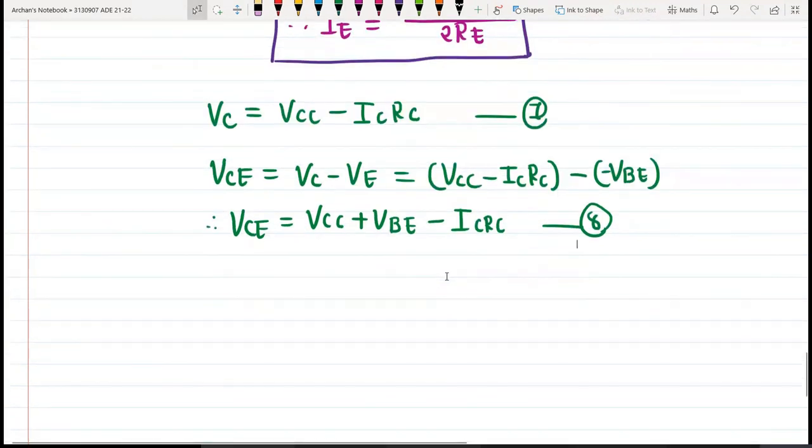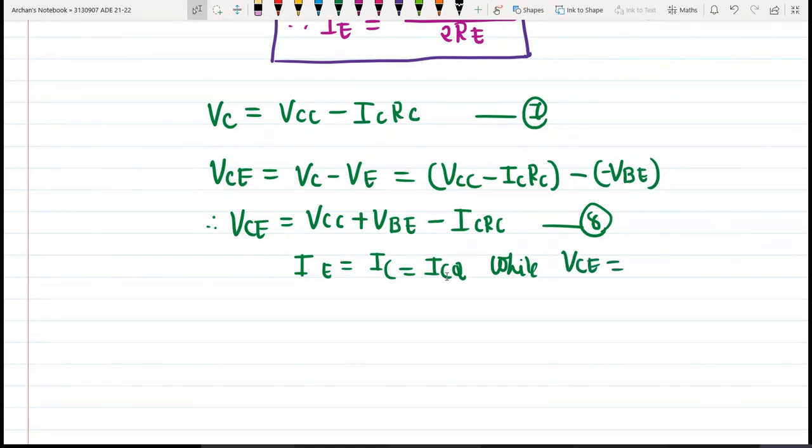Okay, so here IE equal to IC equal to ICQ, while VCE is equal to VCEQ for given values of VCC and VEE.